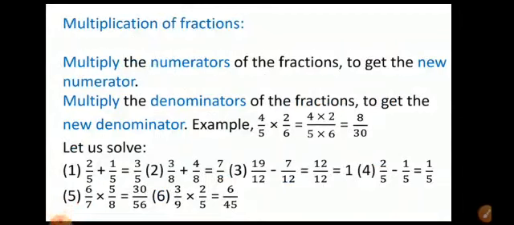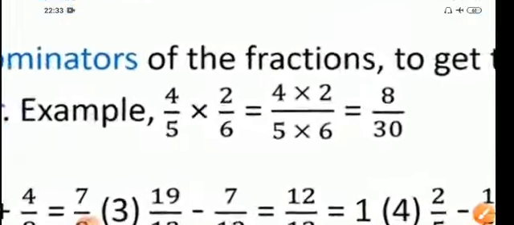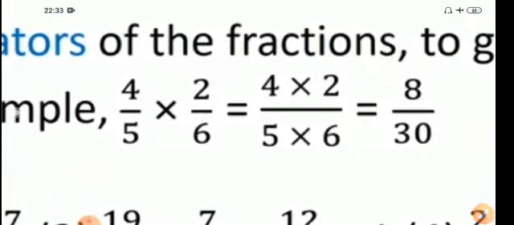Multiplication of fractions. Multiply the numerators of the fractions to get the new numerator. Multiply the denominators of the fractions to get the new denominator. For example, now we are going to multiply these two numbers, 4 upon 5 multiplied by 2 upon 6.